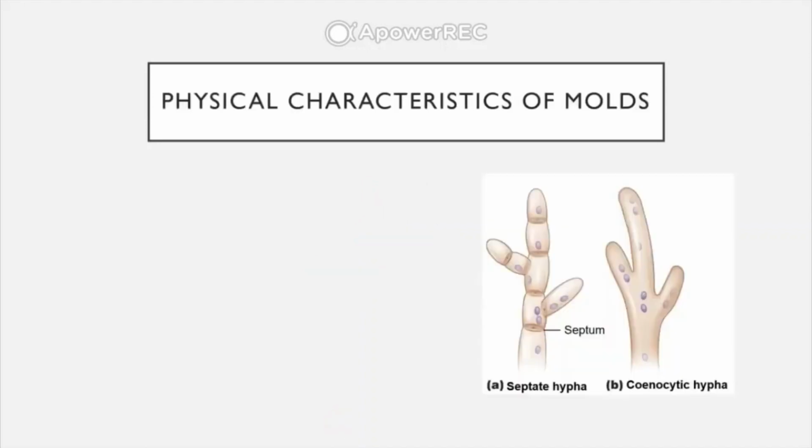Some of the physical characteristics of molds include that they are composed of multicellular filaments called hyphae. We're probably most familiar with multicellular filaments in the molds that can grow on bread.